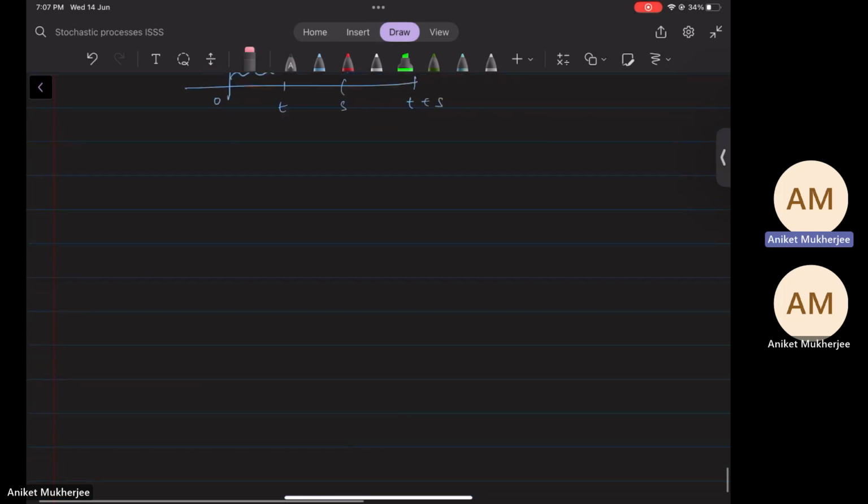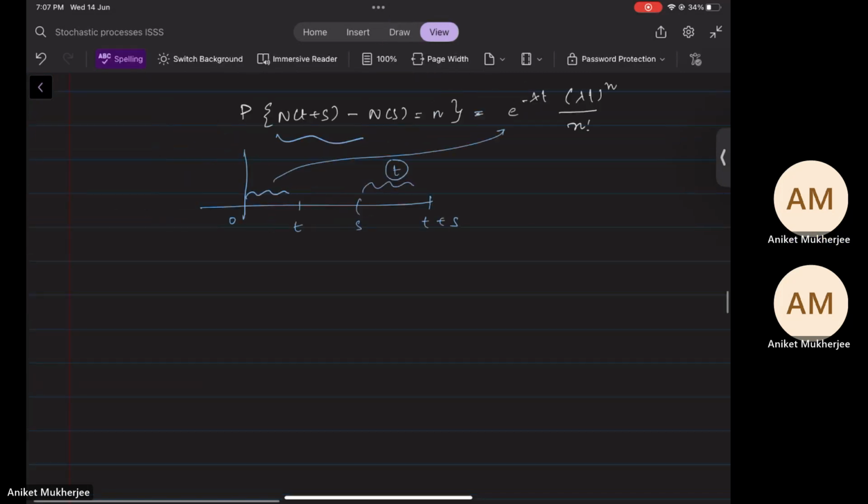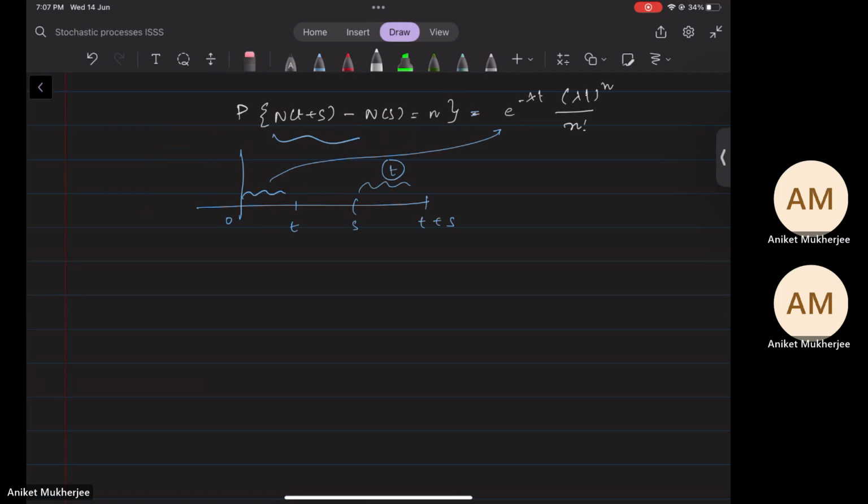For that, I'm defining P_n(t) as the probability of n arrivals, that is, n events have occurred in a time interval of length t.